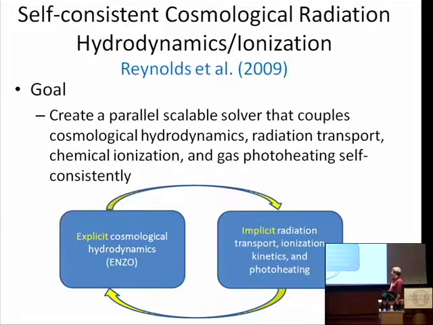There's the code that does explicit cosmological hydrodynamics, in this case the Enzo code, and then there is this code that does an implicit solution of the radiation transport, the chemical ionization, and gas photoheating. And so it's not just radiation transport, it's radiation transport plus what it does to the gas, and the reason for that is because of the tight coupling.